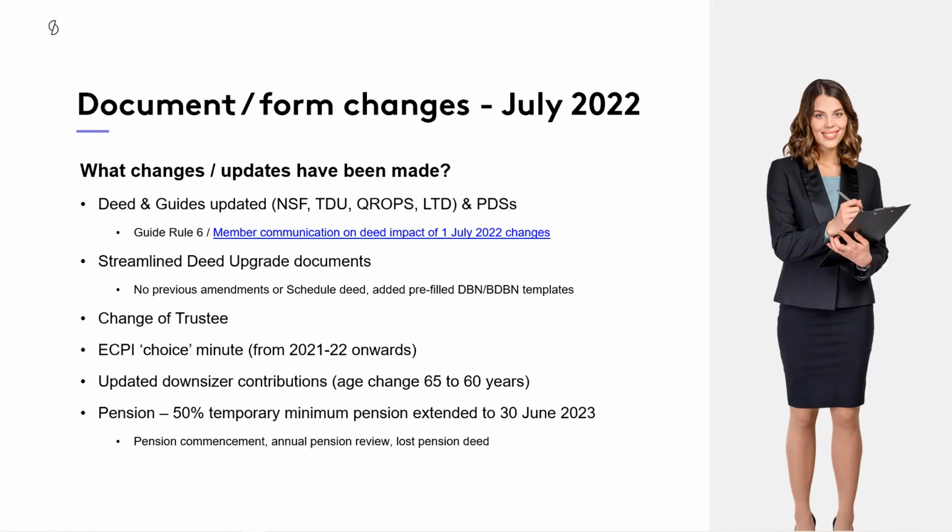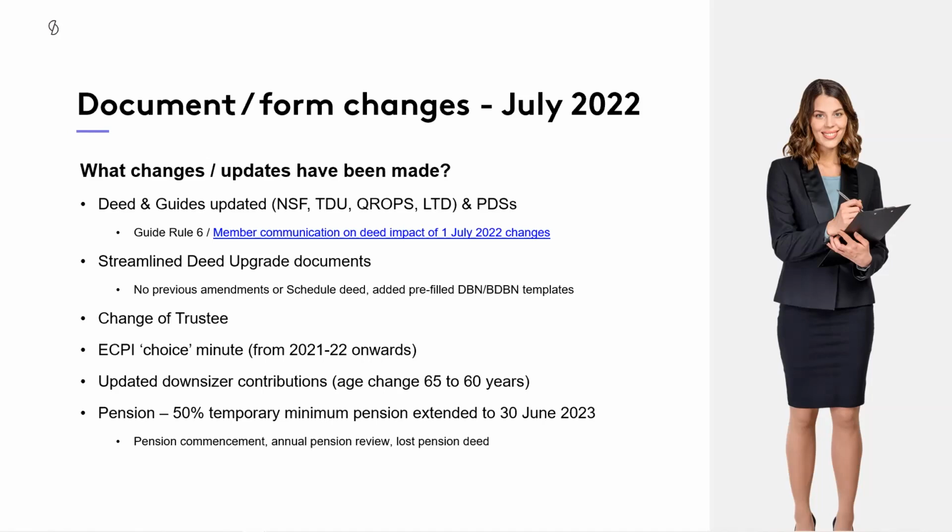The other thing worth noting that we've done in recent times, off the back of some recent updates that we've done with our deed upgrades for the 1st of July, is that we have streamlined back. We did have 3 different templates sitting behind our deed upgrades. One was where there were no amendments. Two was where there were up to 2 or 3 amendments.